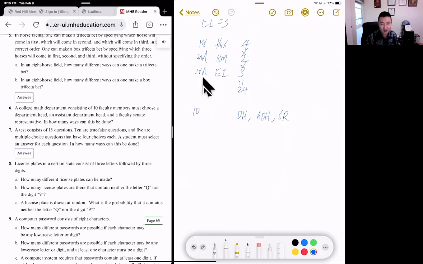Combination means when the order does not matter. When the order does matter, then we should use permutation. So in this question, does the order matter? We know we should choose 3 from 10 total faculty. Should we use P(10,3) or C(10,3)?